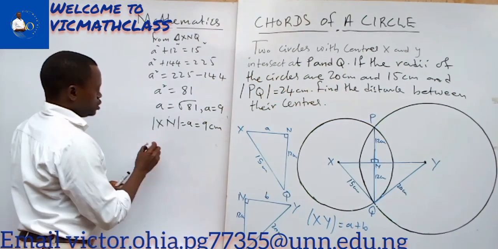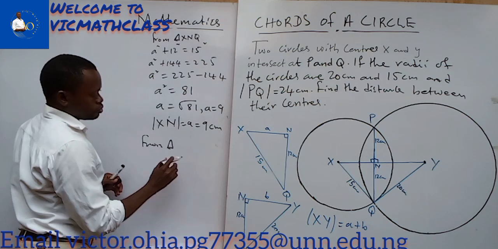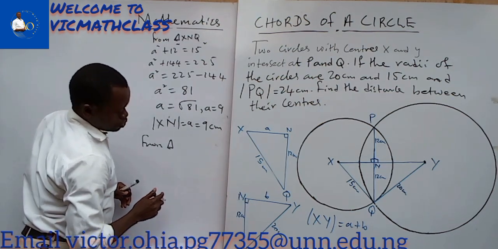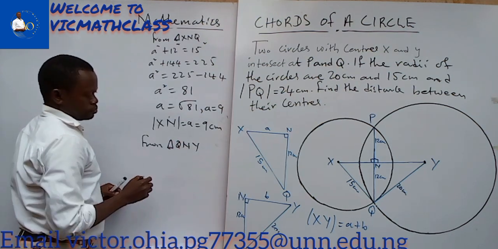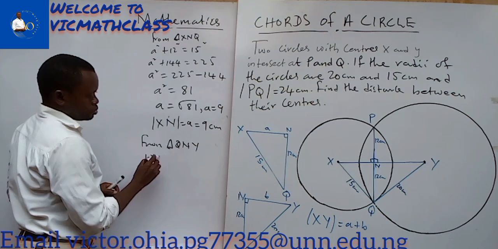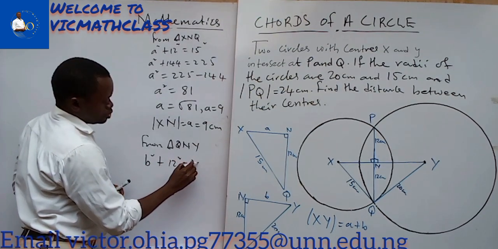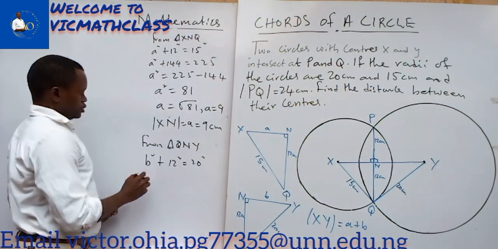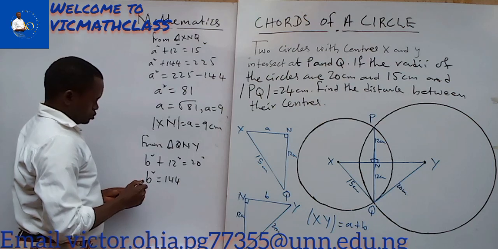Then we come back again and say from triangle QNY, we can also say that B squared plus 12 squared is equal to 20 squared, by Pythagoras theorem.